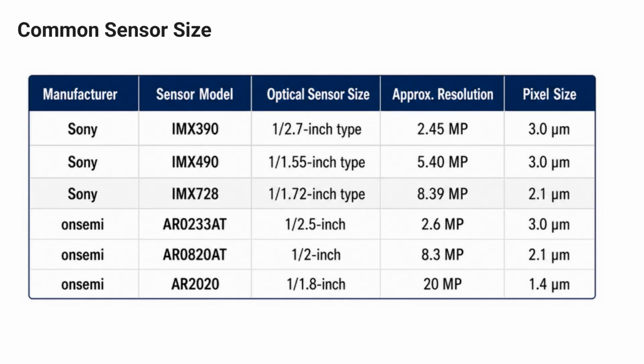Higher resolution sensors such as the IMX728, AR0820AT, and R2020 use smaller pixels to capture more detail. The key point is that a larger optical format can collect more light, but overall image quality also depends on pixel size, sensor design, and image processing.